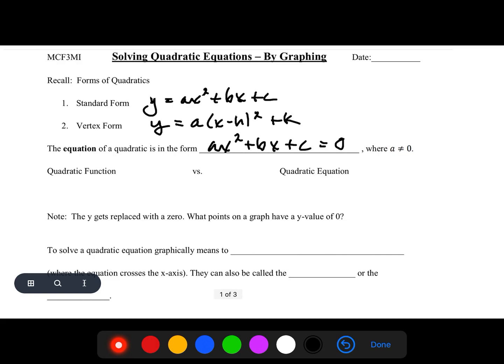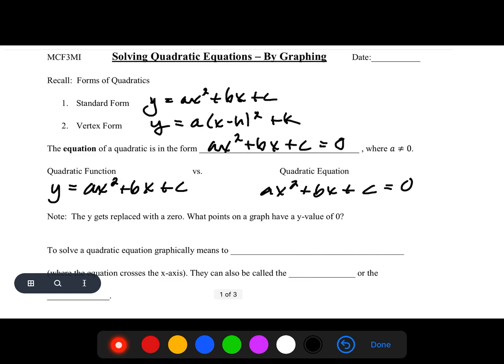Now, a cannot be equal to 0 because if that was equal to 0, then we no longer have a quadratic function. We would just have a linear equation. So a quadratic function has y in there, and we have all sorts of points that satisfy that function, whereas a quadratic equation now has an answer of 0.